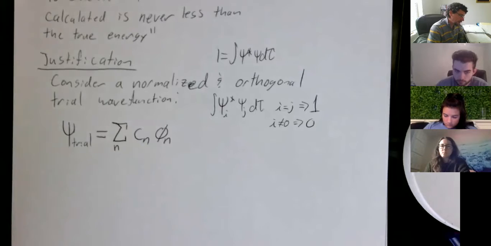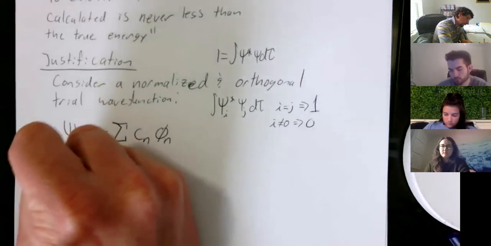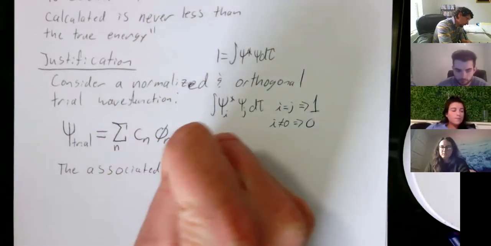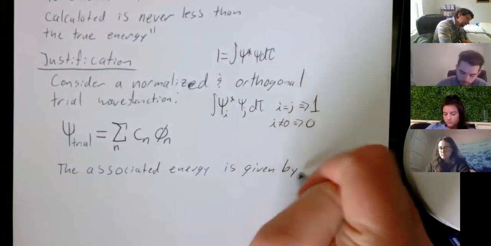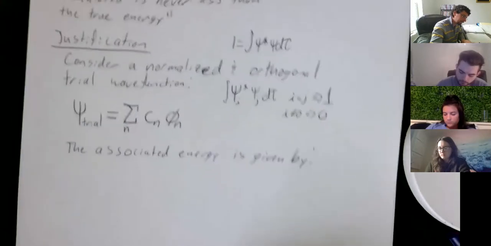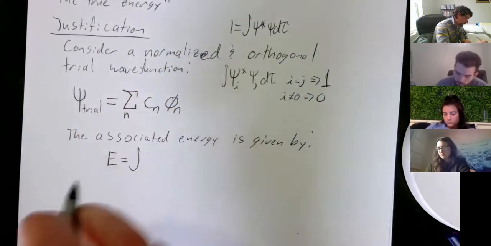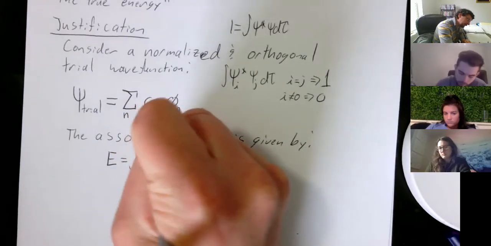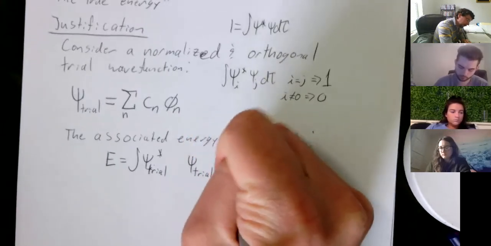Okay. Now, how would we find an energy? The associated energy is given by E equal to the integral of the trial wave function's complex conjugate, and then the regular trial wave function, d tau.